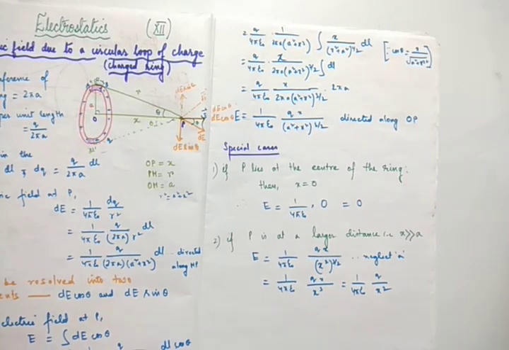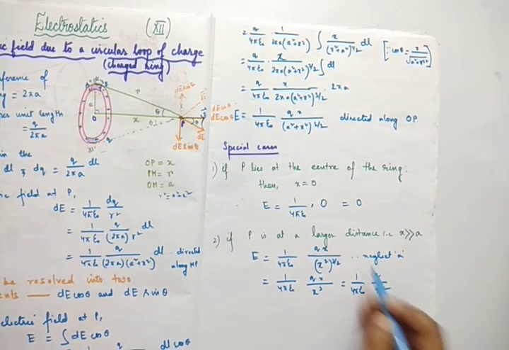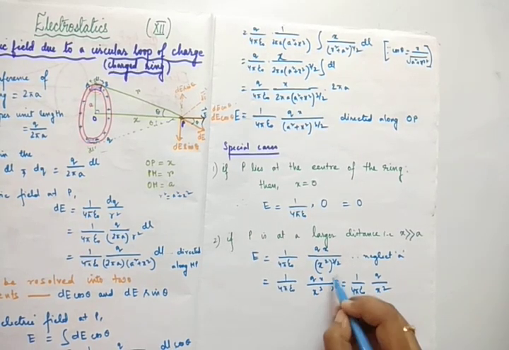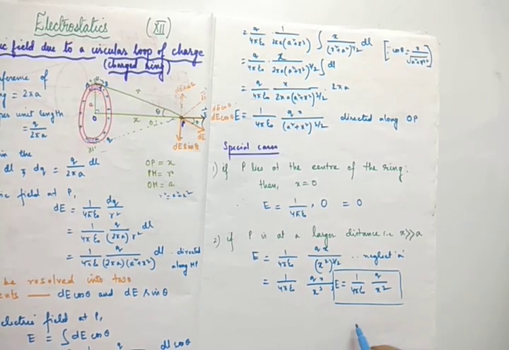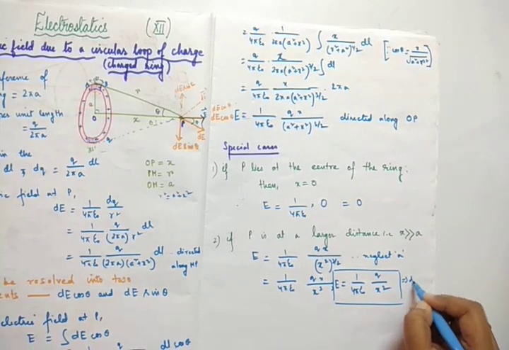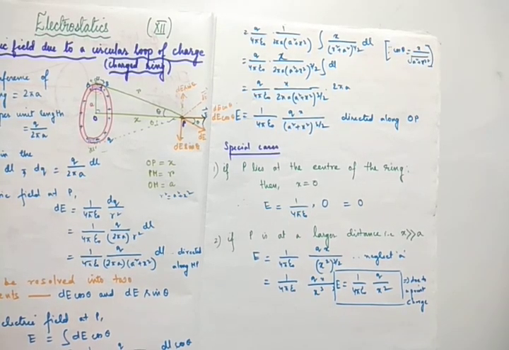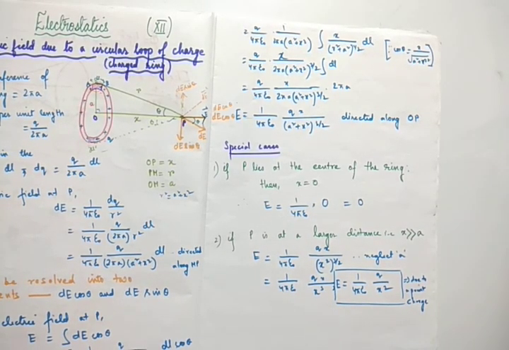Now you see one thing. This formula represents the electric field due to a point charge. So that means you can say that at a larger distance from the center, the charged ring behaves like a point charge.